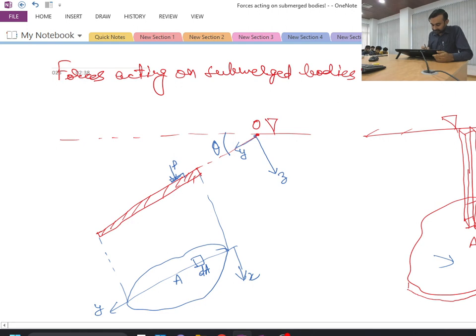Let's consider that this arbitrary location which I have drawn over here is at distance y from the origin. So this distance is y. And the vertical height of this from the free surface, let's consider it is h.